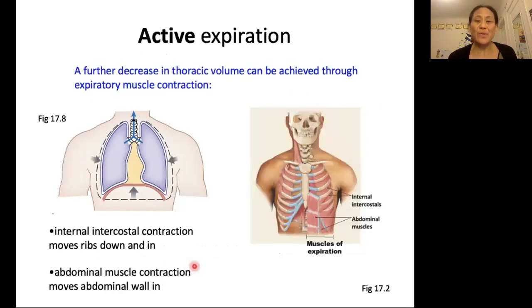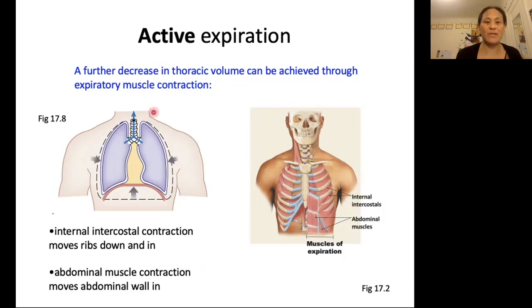However, you also know from our discussion of lung volumes that it is possible to have active expiration, in which we put in additional effort to push out additional air from our lungs. We do that by further decreasing our thoracic volume, and the way that we do that is by contracting some muscles.